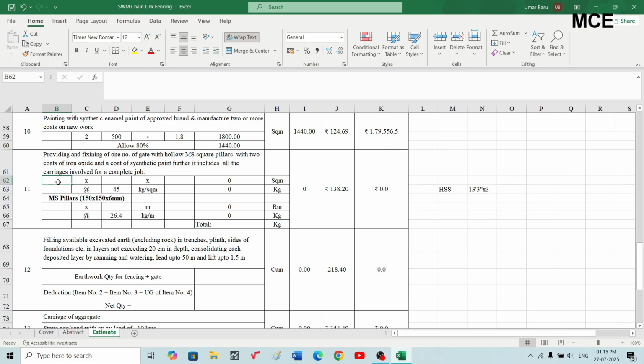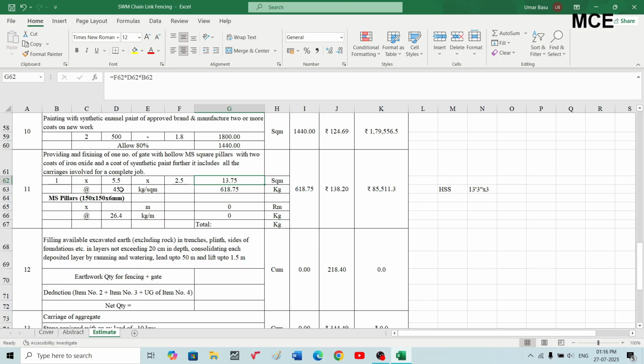The width of the gate, since it's 1 number gate, is 5.5 in total, which will include the small and the large gate, and height, let us take it as 2.5 meter, that is 8 feet and 4 inches. This will be the total square meter of our gate, that is 13.75 square meter.